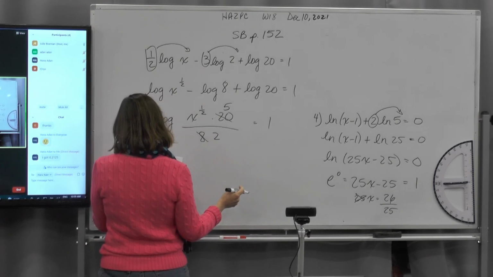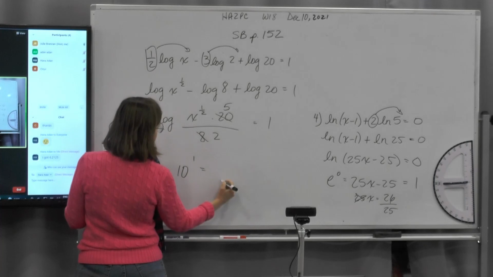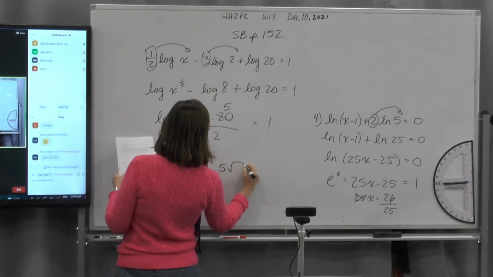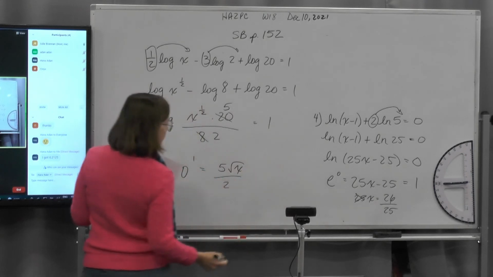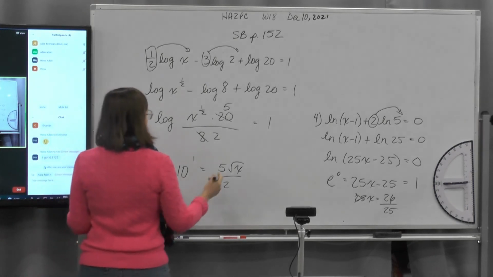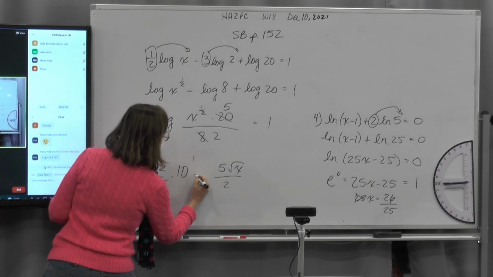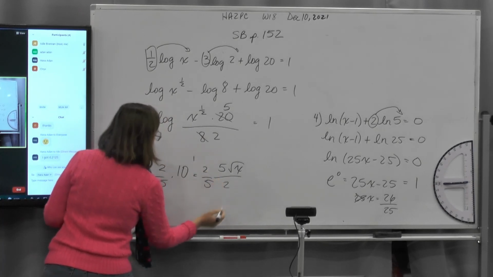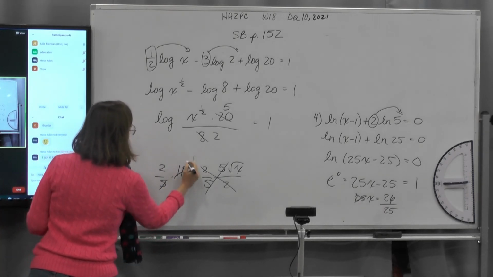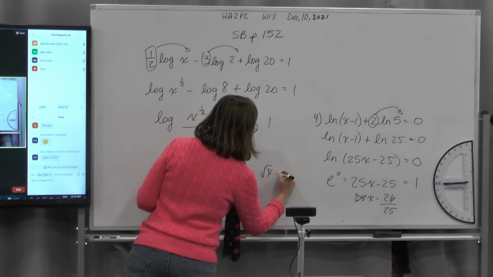So, base 10, 10 to the 1 is equal to 5 square root of x over 2, if I want to do it that way. So multiply by 2/5 each side to get rid of that fraction. That goes in 2 times 2. The square root of x is equal to 4.